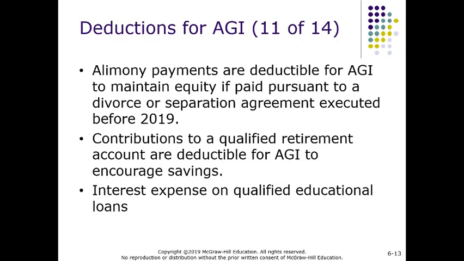Starting January 2019, when the decree is post December 31st, 2018, if the decree starts January 1, 2019 or thereafter, there is no for AGI deduction for the payment of alimony. Bottom line.